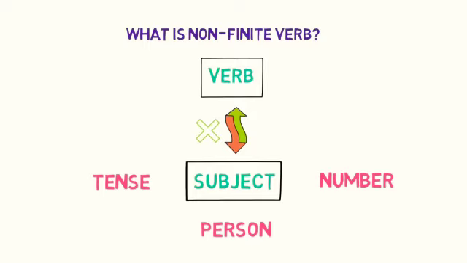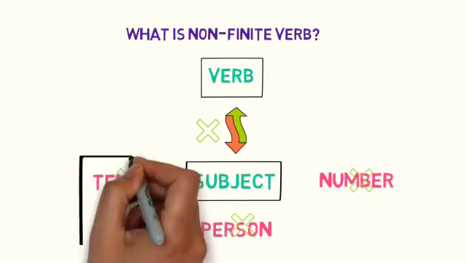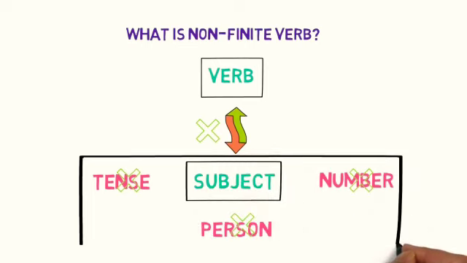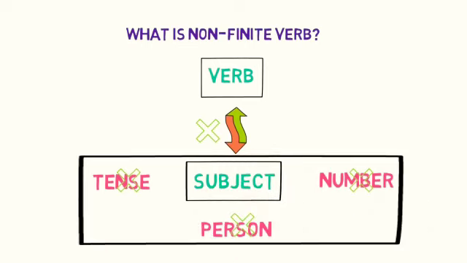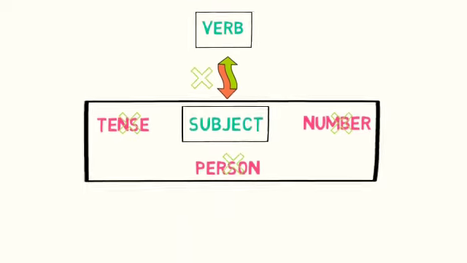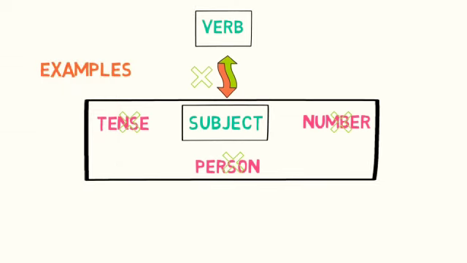They don't change as per tense or as per person or as per number of the subject in the sentence, and they don't perform any action in the sentence. First, let us understand it with examples, then we will understand their role in the sentence.